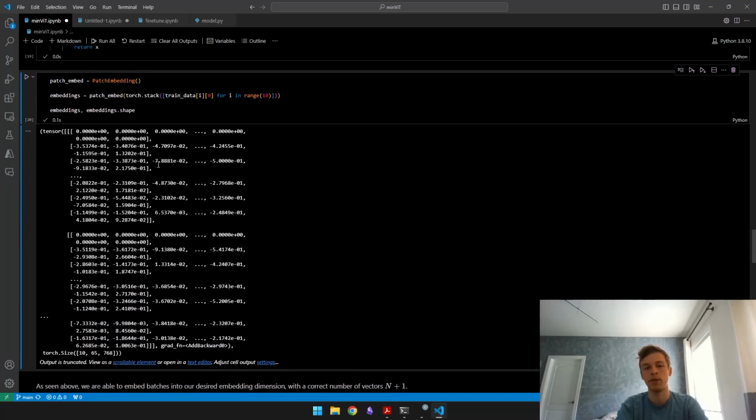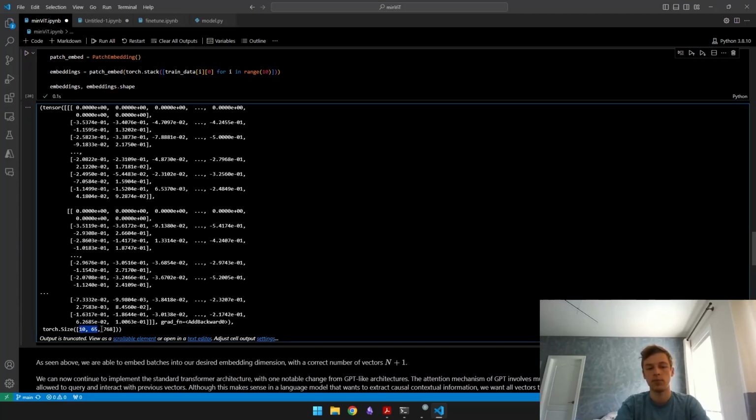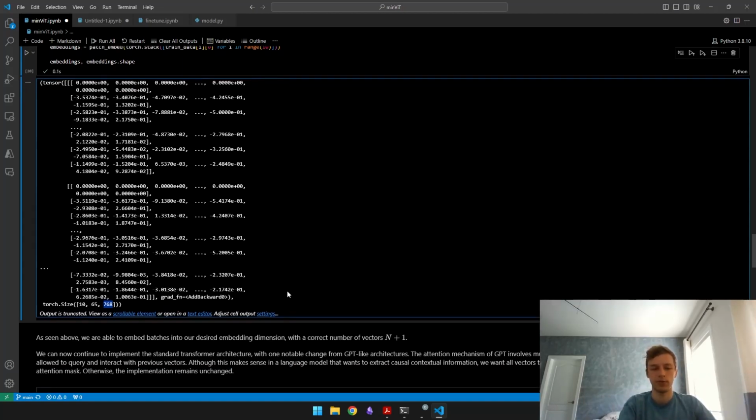We go through the first 10, and all of these embedding shapes, we have 10 for each of the images that we pass through. 65 is for if we have a 4x4 patch, we have a 32 by 32 image, we have 8 patches in each dimension, so 8 by 8 is 64 patches for one image, and we add one for the class token again, and 768 is of course the embedding dimension value, so that's as expected the hidden dimension of the transformer.